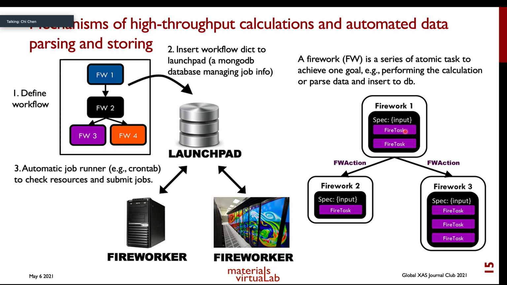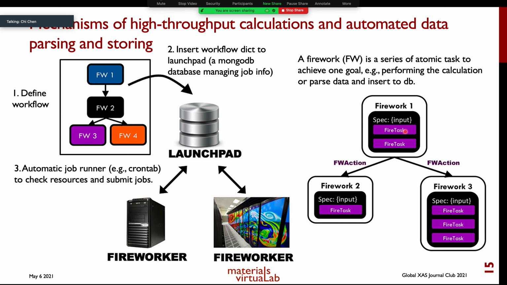The workers will be able to fetch the job from your launchpad and then run the jobs on their local machine. And so once the job runs, they will automatically insert the parsed data into some kind of database.